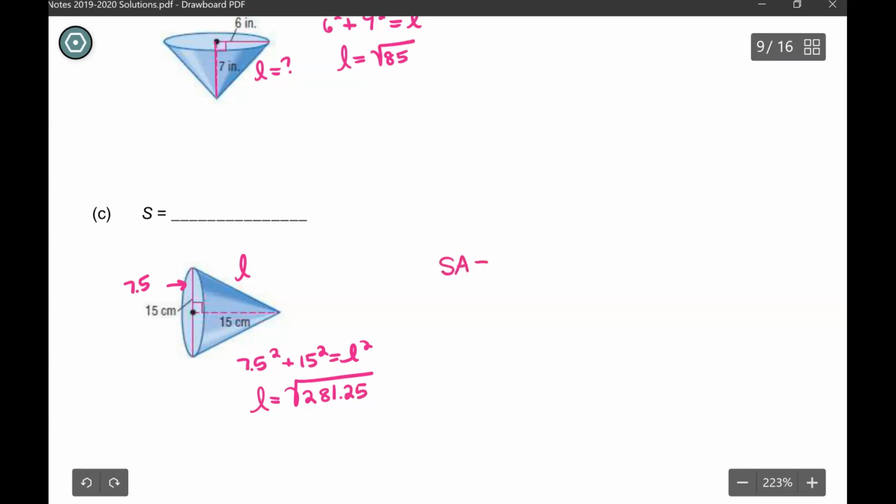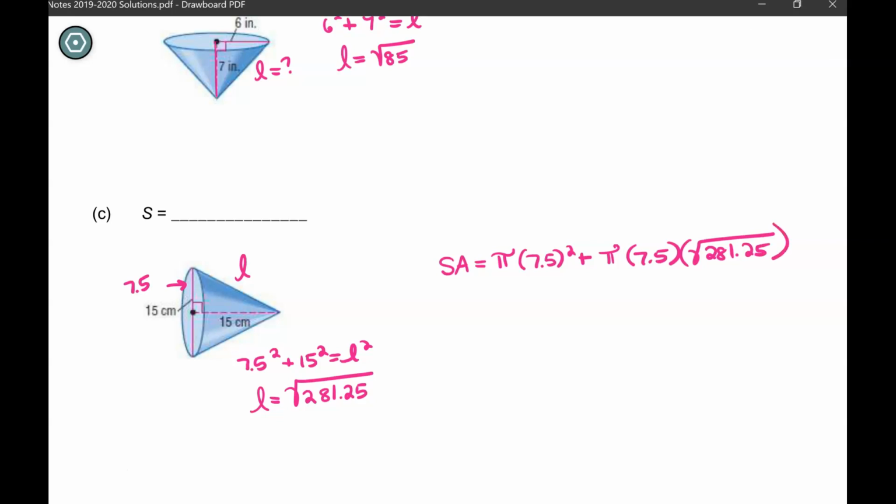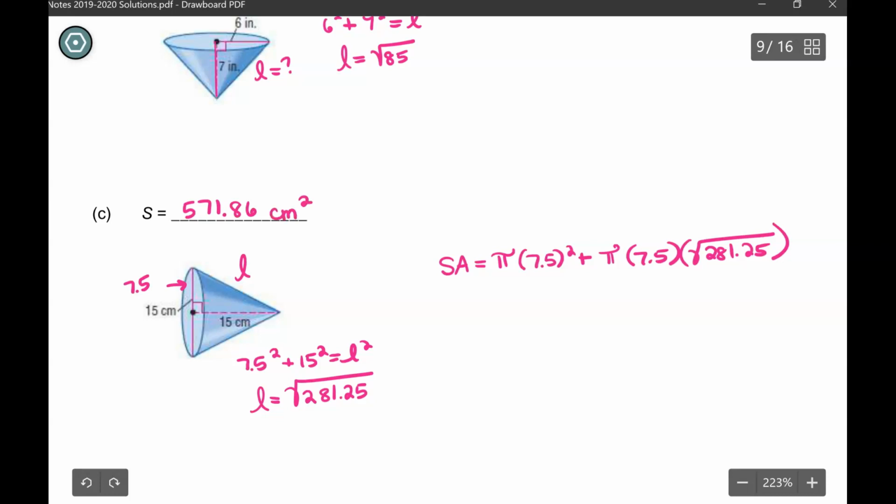So my surface area is pi times 7.5 squared plus pi times 7.5 times square root of 281.25. So plug that into your calculator. And I get 571.86, and that'll be square centimeters.